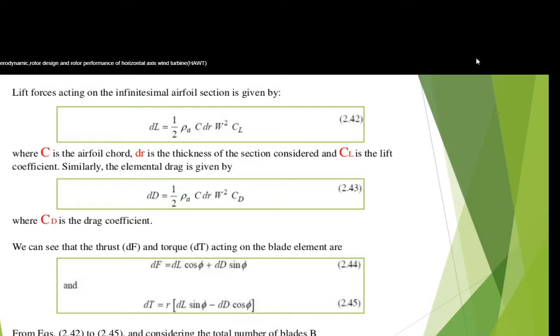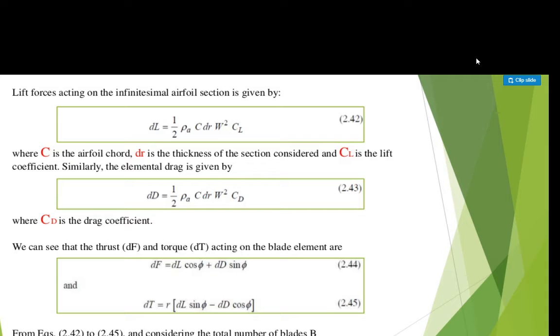Now, the lift force on the infinitesimal airfoil section is given by dL = 1/2 ρ c dr W² Cl, where c is the airfoil chord, dr is the thickness of the section considered, and Cl is the lift coefficient. Similarly, the element drag is given by dD = 1/2 ρ c dr W² Cd, where Cd is the drag coefficient.